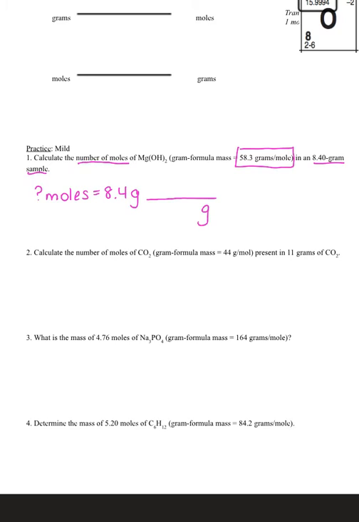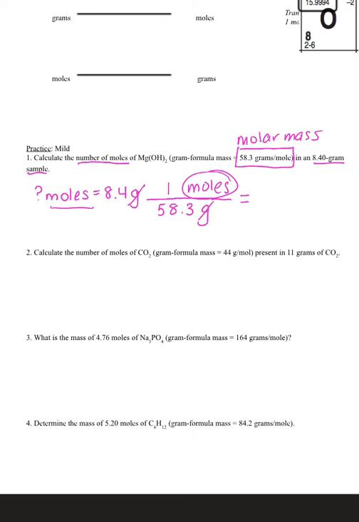I put grams on the bottom and moles on top. Grams will cancel grams. Okay, so I know that 58.3 grams are in every 1 mole because that's what this molar mass tells me. I need moles, and now I have them.